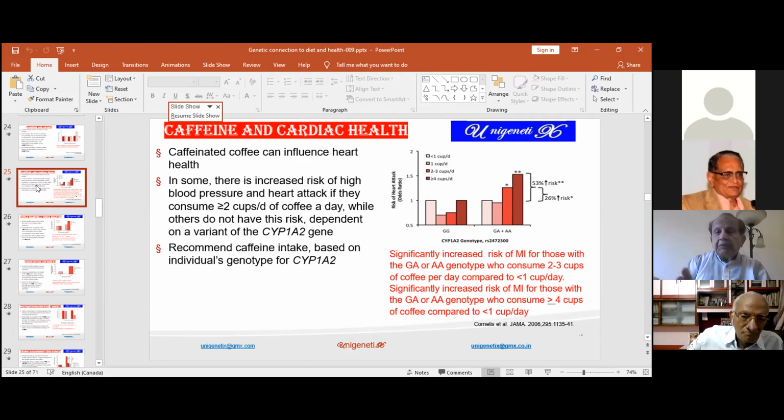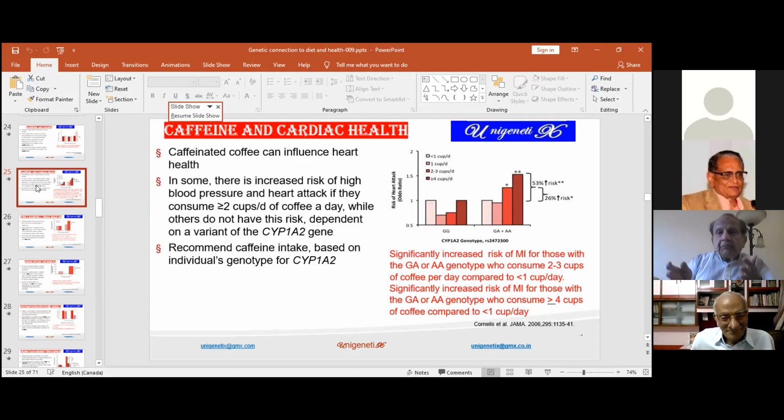So people working in offices and everything, they're taking a lot of caffeine, coffee. Coffee break, go and have coffee. Well, there's a risk to cardiac health in certain genotypes.